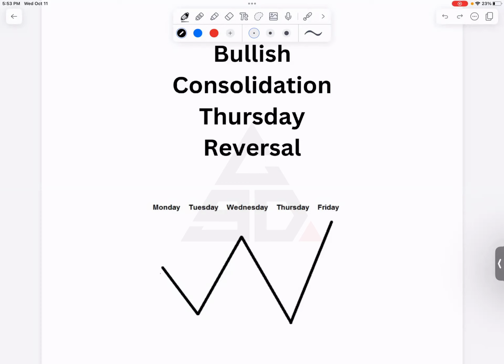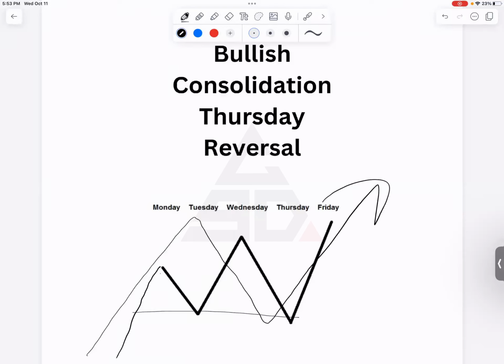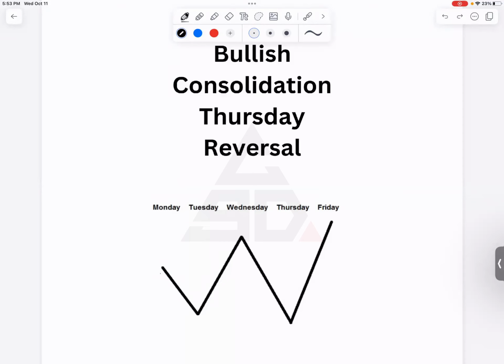Also, optimal trade entry can be like this. It's optimal trade entry. See that? Move going up, come down, forward. The candle closure for this price action looks like this.